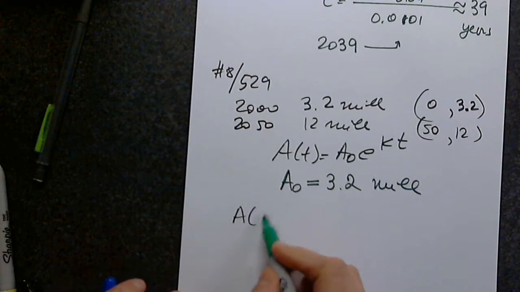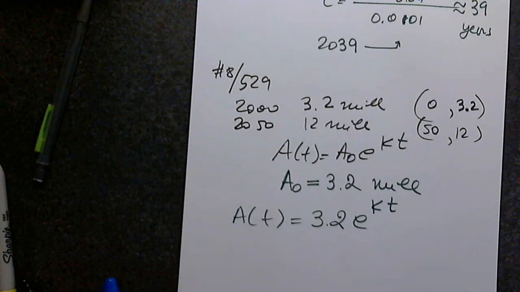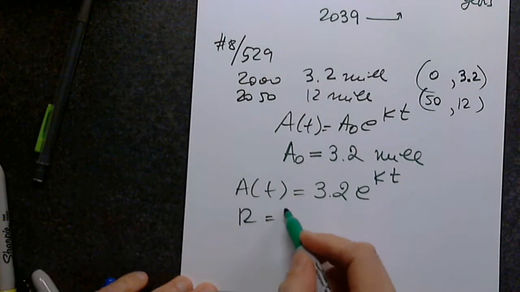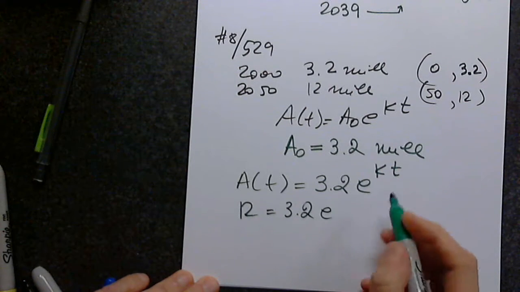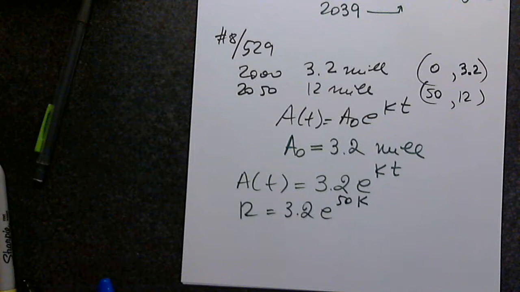So then we have A of t equals 3.2 e to the kt. And now we have to plug in the second one in order to determine k. 12 equals 3.2 e to the 50k. Very good. Awesome.